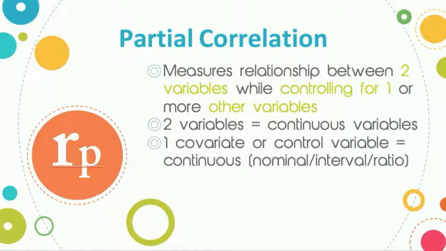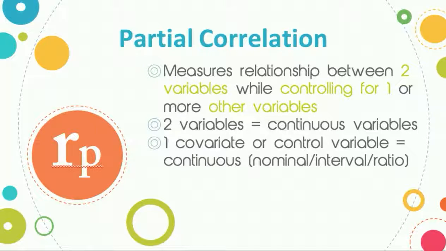Some examples of that could include your revision time measured in hours, intelligence by IQ score, exam performance measured with a score of 0 to 100, weight measured in pounds, temperature measured in Fahrenheit or Celsius, sales measured in US dollars, etc. So in a partial correlation, you actually remove the influence of the third variable from the relationship.